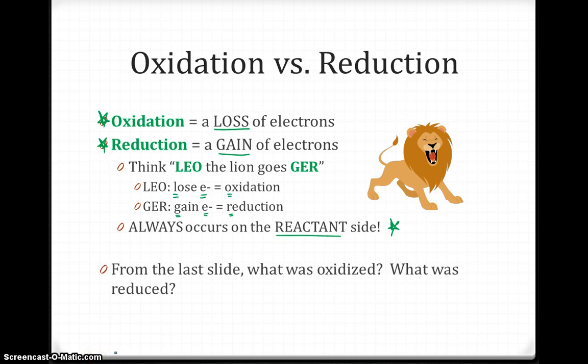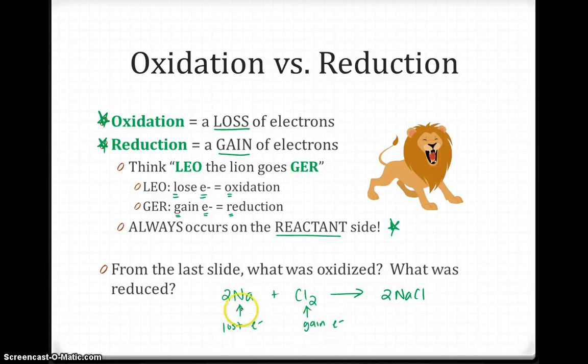So if we think from the last slide, we want to be able to identify what was oxidized and what was reduced. So we had 2Na reacting with Cl2 going to 2NaCl. We saw that our metal lost electrons and our nonmetal gained electrons.